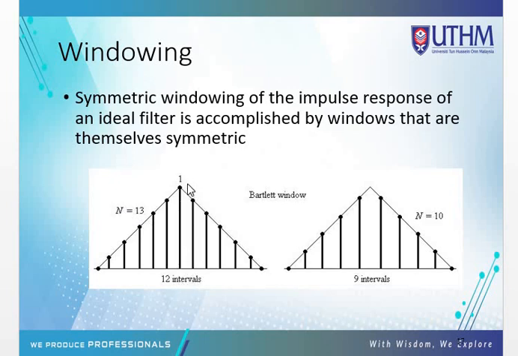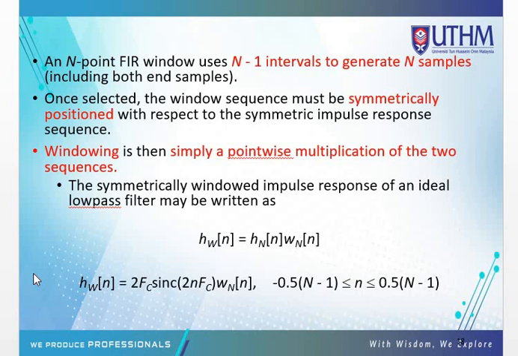This peak is the origin. So there is a difference between odd and even values of N. An N-point FIR window uses N minus 1 intervals to generate N samples, including both endpoints.